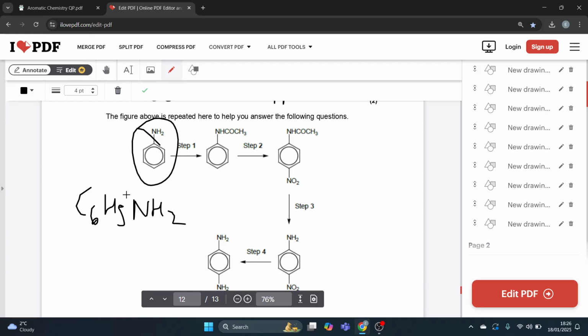So let me get my calculator out. So it's going to be 12 times by 6, 72, plus 5, plus nitrogen, which is 14, plus 2, 93. Is it 93?